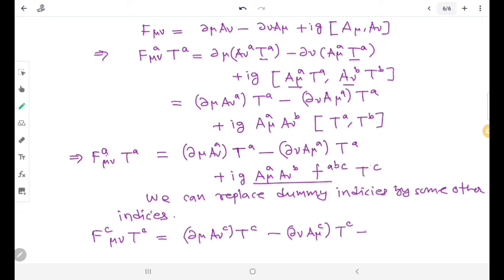So here we shall write ig times the cross product of A mu cross A nu, component C, Tc. This is what we are going to have.